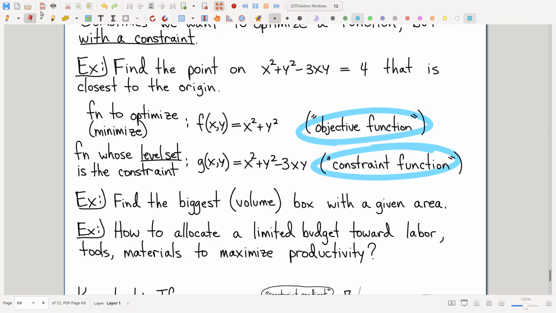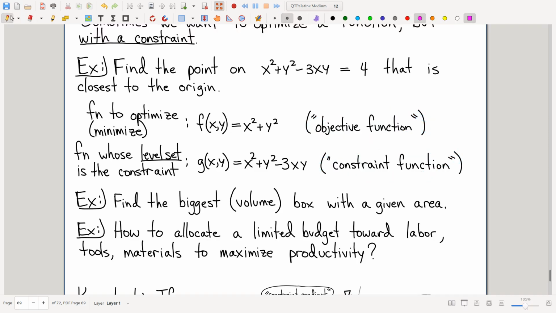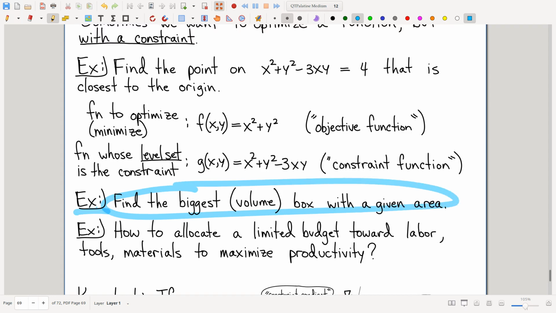Now let's think through how this category of question comes up. Here is a pretty good example. Y'all have seen problems kind of like this before? I'm going to find the biggest by volume rectangular box, with the requirement that it has a fixed given amount of area. Now, how would this come up?